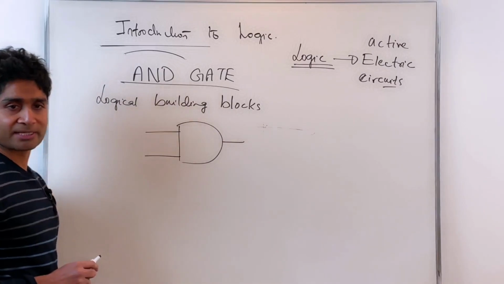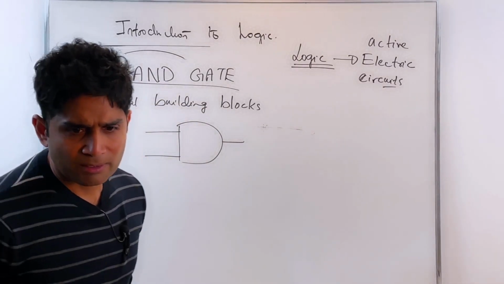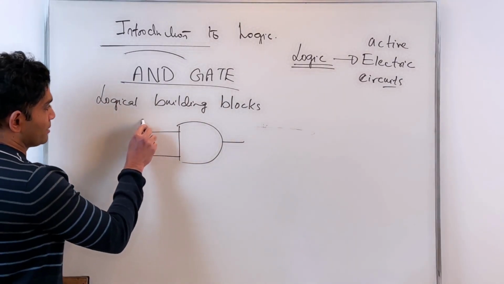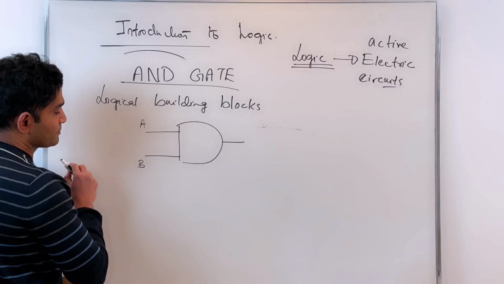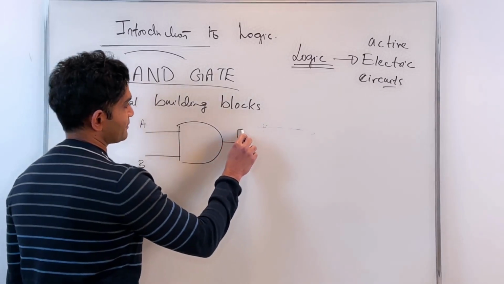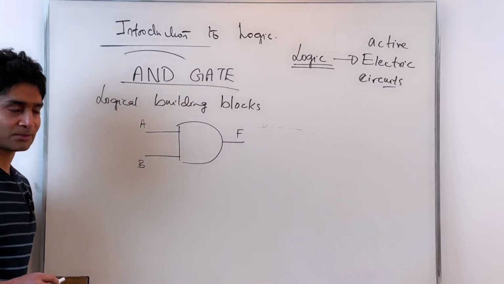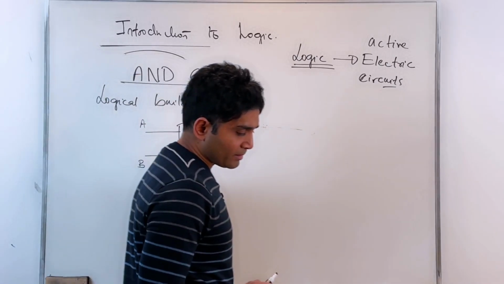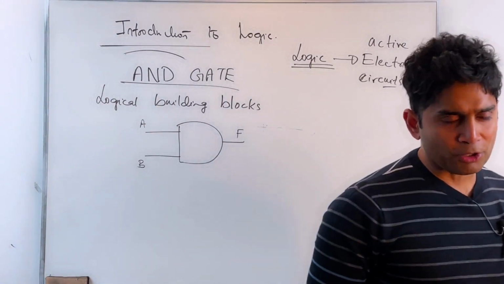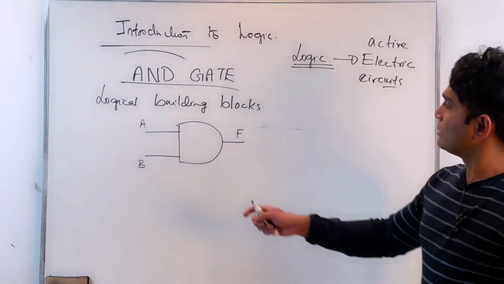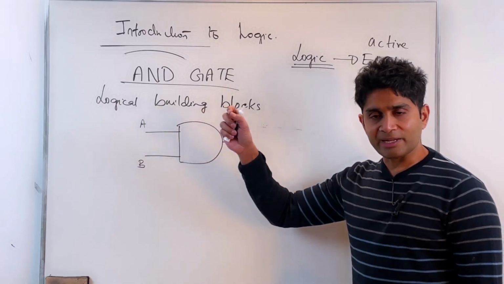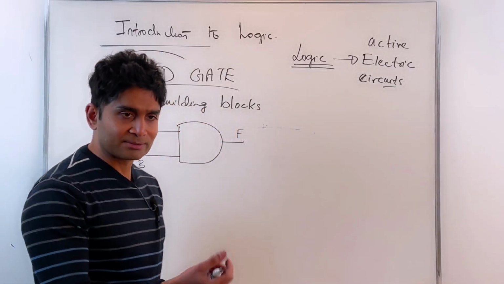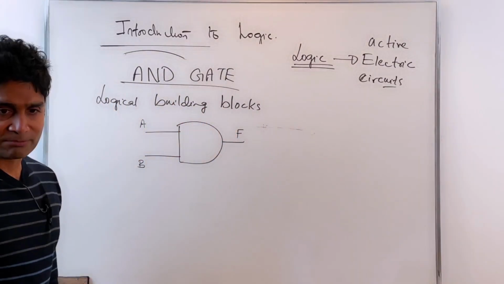So an AND gate, the symbolic representation for an AND gate would be that. Let's say A and B are the inputs to this gate. F is the output for that gate. So that's an AND gate. Now, when we're talking about these logic gates, I can express the logical operation that this logical gate does as an algebraic expression.